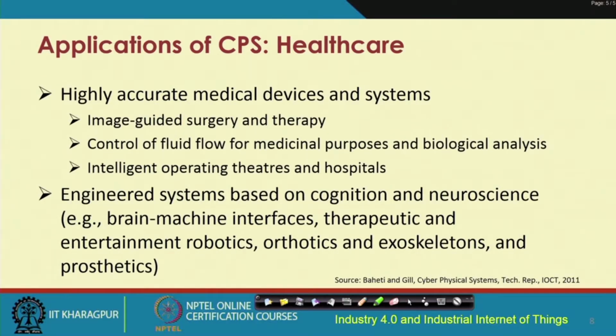Then if we are talking about fluid flow, control of blood flow into a patient when required for medical purposes, maybe somebody having a bone marrow transplant or a blood transfusion taking place, cyber physical systems can find use to perform the tasks accurately.